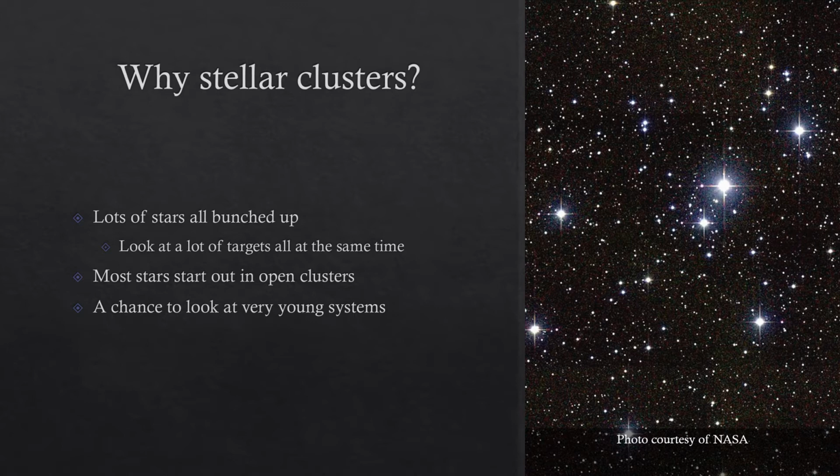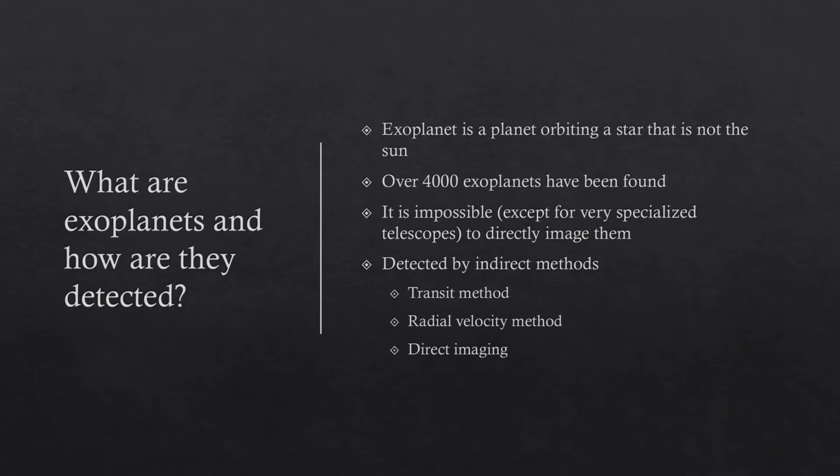for a few reasons, because we can't really directly look at exoplanets. Only the most powerful telescopes in the world have that capability. The Keck telescope in Hawaii, for instance, is 10 meters across, and it can barely make out planets around other stars by directly imaging them.